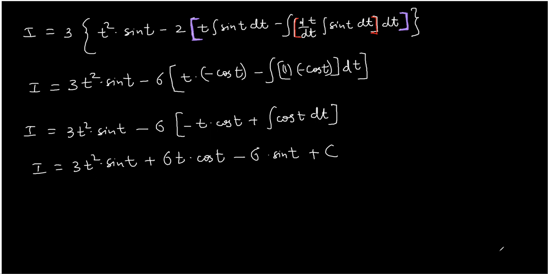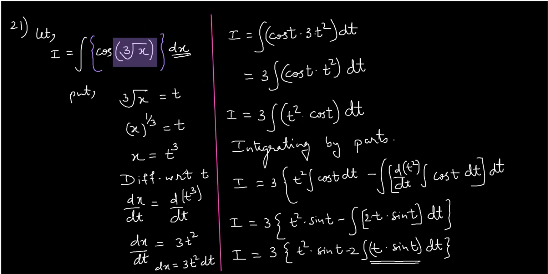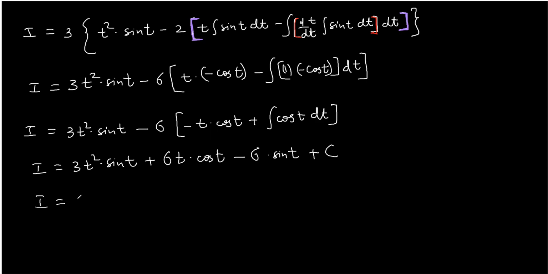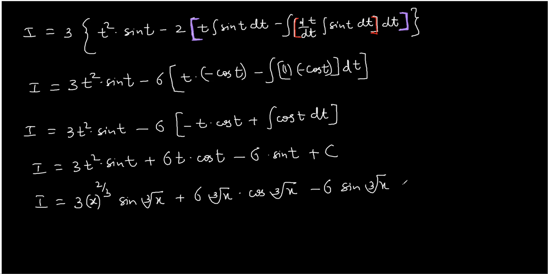Now what was t? t was, if you remember, cube root of x, that is x raised to 1 by 3. So I equals 3 x raised to 2 by 3 sine of cube root of x plus 6 cube root of x cos of cube root of x minus 6 sine of cube root of x plus c.